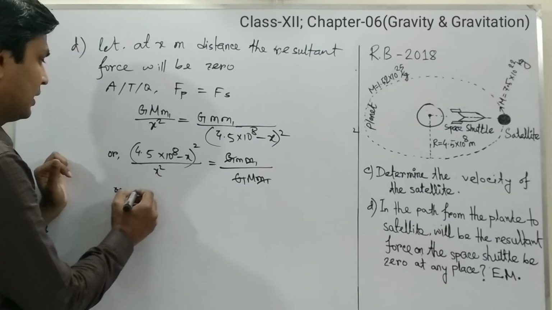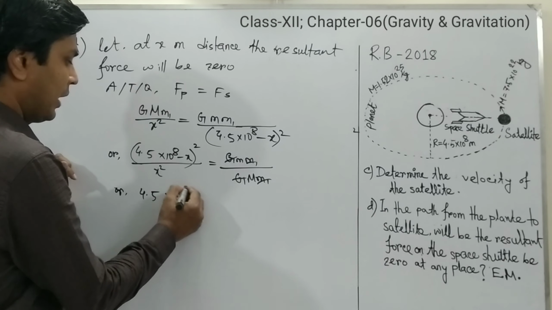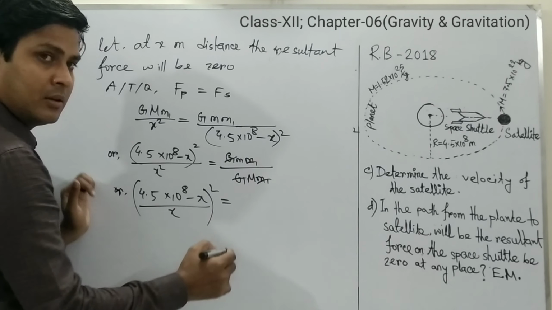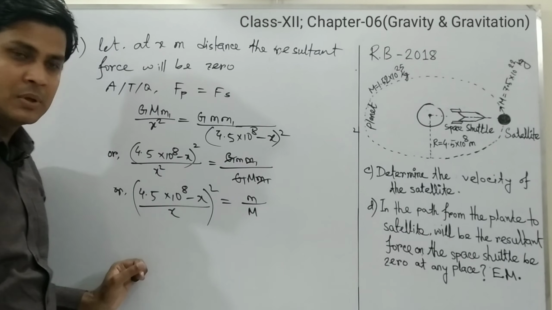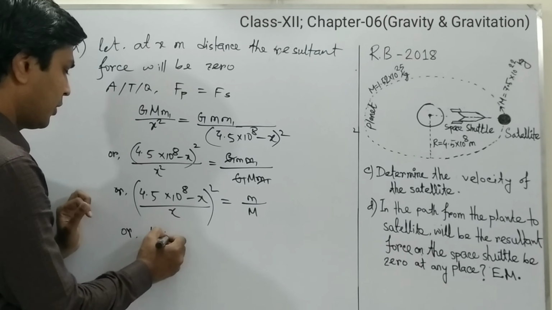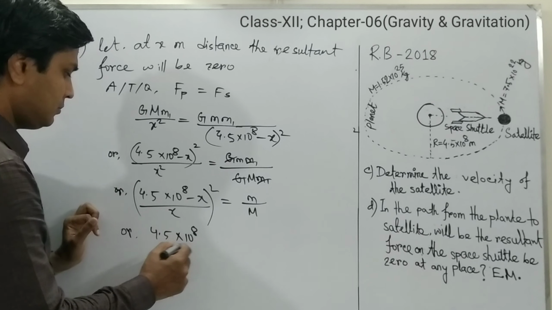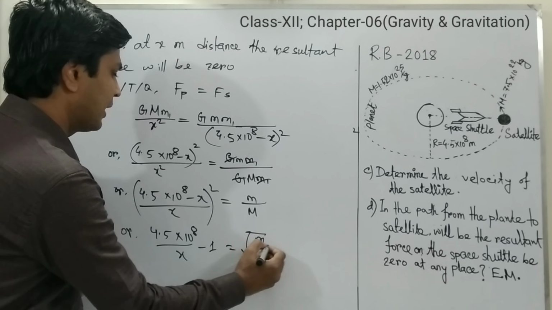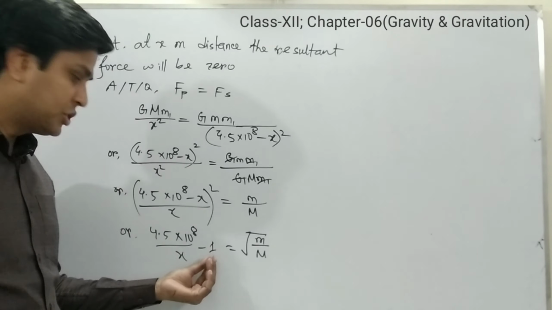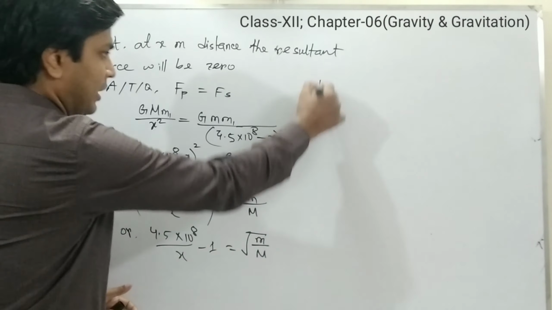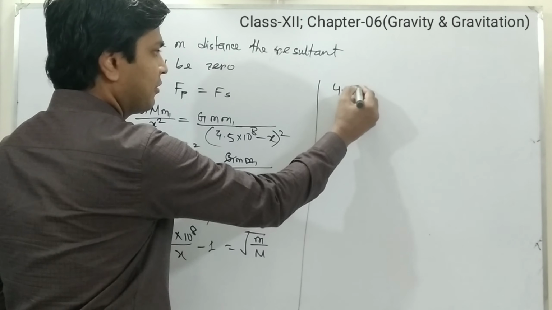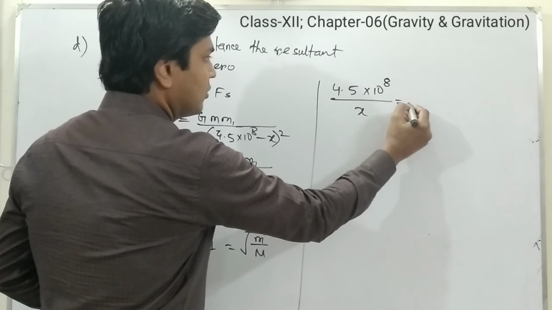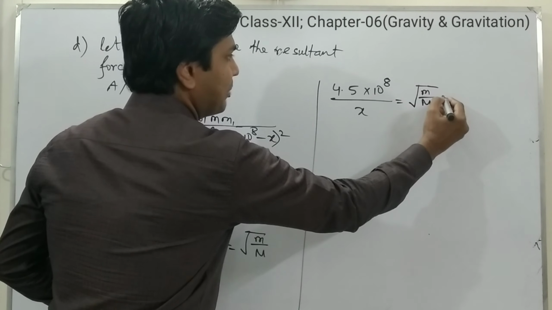So we can write (4.5 into 10 to the power 8 minus x) divided by x, whole square, equal to small m by capital M. Now we can write 4.5 into 10 to the power 8 divided by x minus 1 equal to root over small m by capital M. If we move minus 1 from the left side to the right side, then we can write 4.5 into 10 to the power 8 divided by x equal to root over small m divided by capital M plus 1.